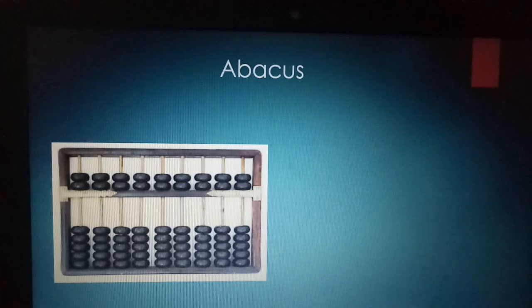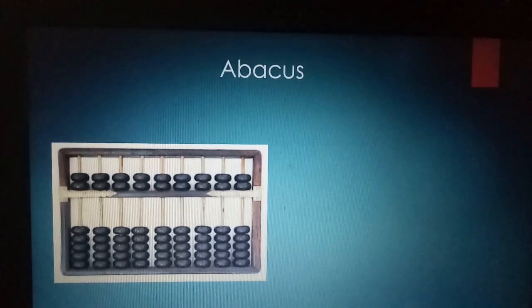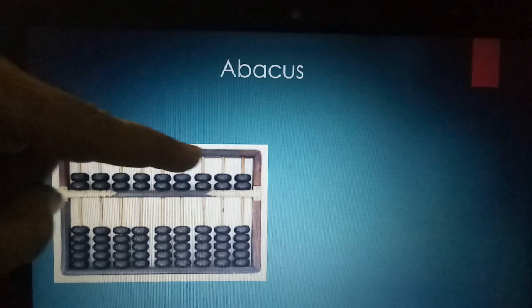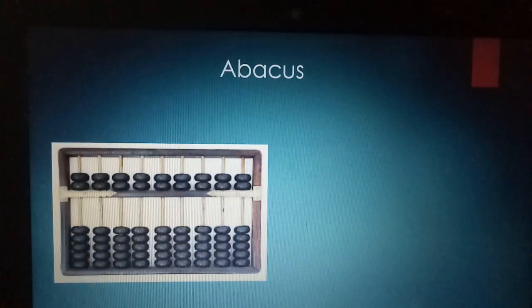Now this device, you can see, has two different stages: the upper layer is known as heaven, and the lower layer is known as earth.